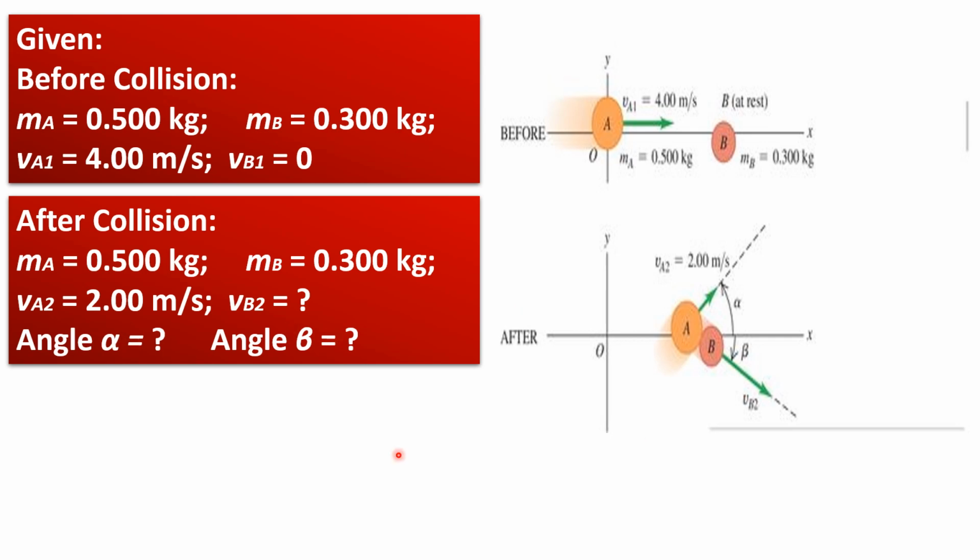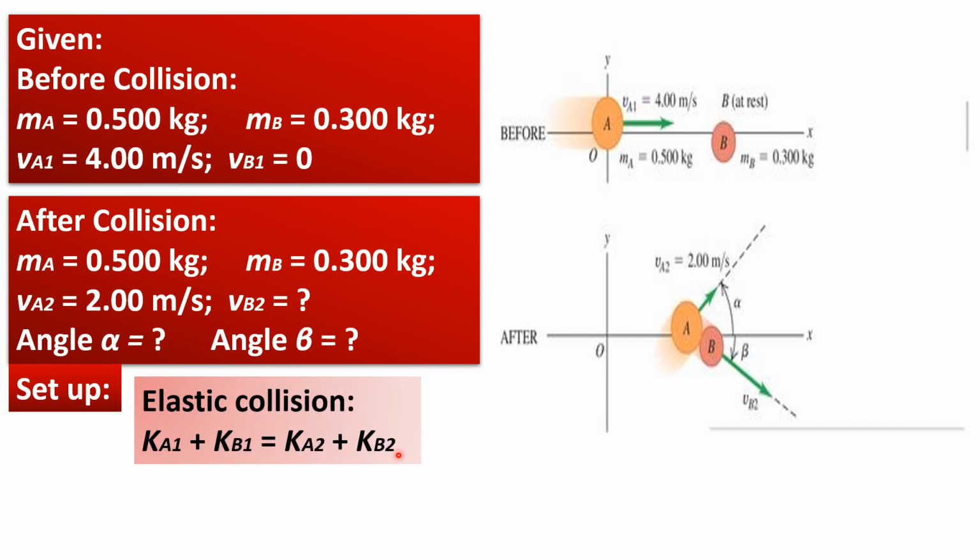Now, how do we apply the concepts of linear momentum as well as kinetic energy? All right. So we say that the type of collision involved here is considered a perfectly elastic collision where the law of conservation of kinetic energy applies.